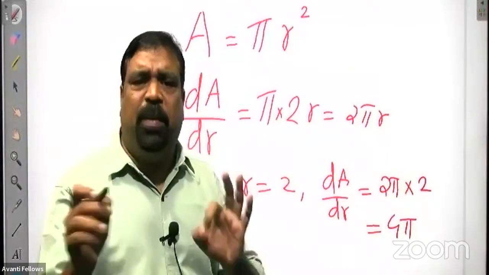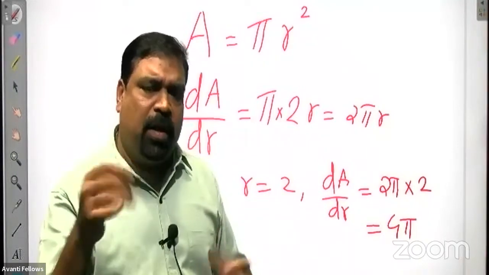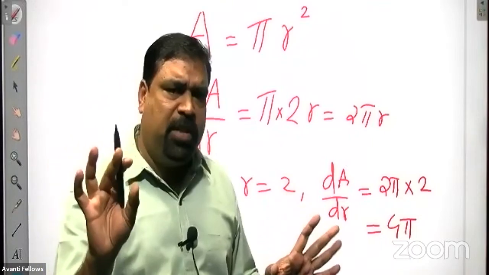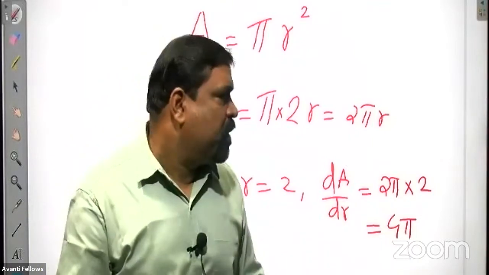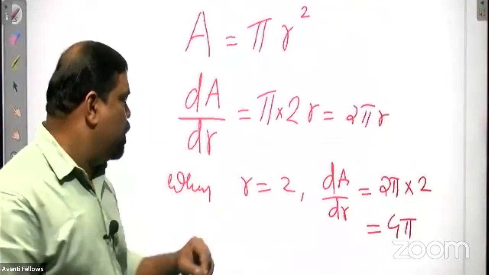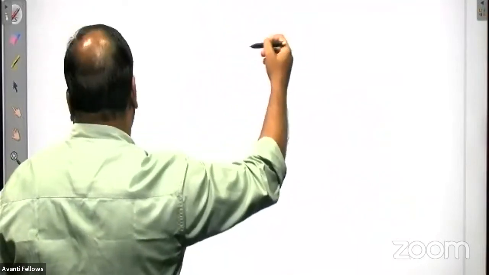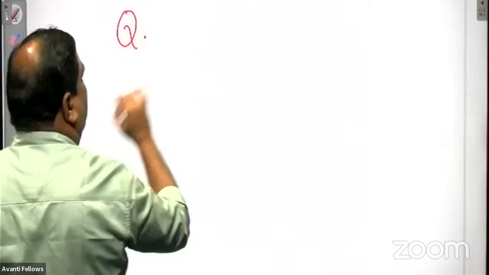You only need the basic formulas of area, volume, etc. That's all, that is enough for this topic. So we are discussing this kind of problem here. For example, let me take a question.